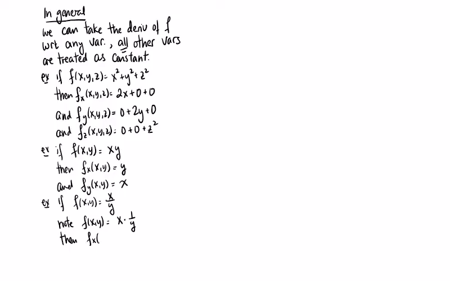Because if we do that, then f sub x, x is the variable, so 1 over y is constant, so the derivative is that constant. And f sub y, x is the constant, it's multiplied, so it stays there. And then the derivative of 1 over y is negative 1 over y squared. This could be simplified to negative x over y squared.